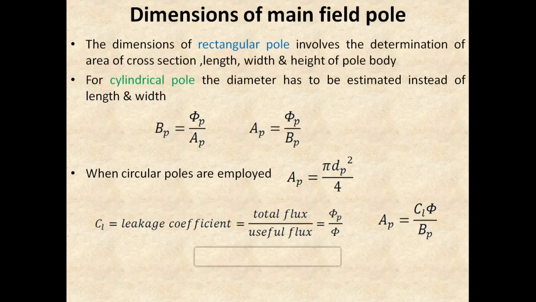So it's very clear that if the value of useful flux is known, leakage coefficient is known, and the value of flux density is known, then definitely we will be able to calculate the value of cross-sectional area of the pole. Once it is known, we can easily determine the dimensions of the pole core.